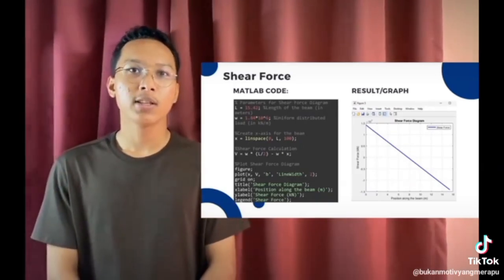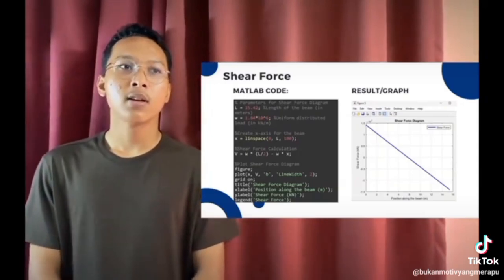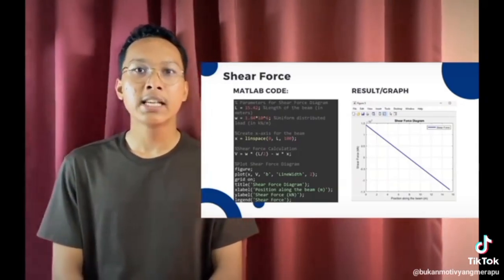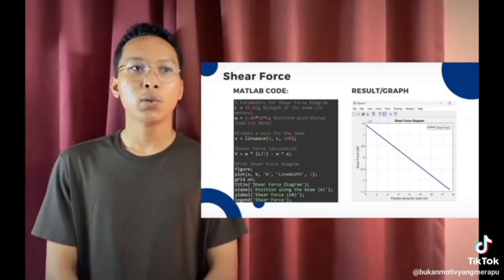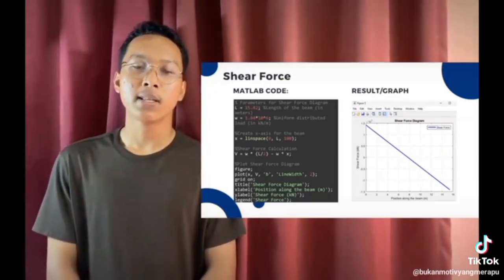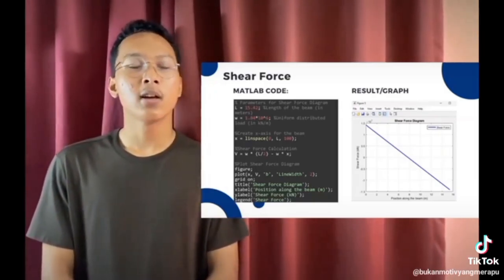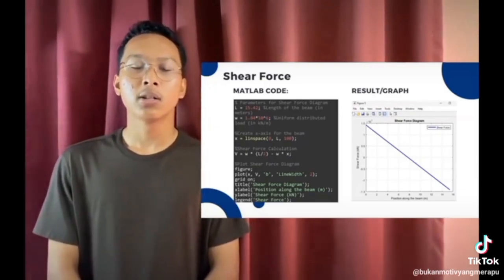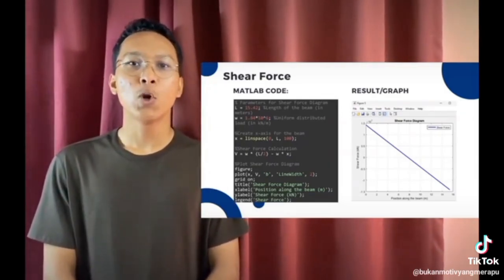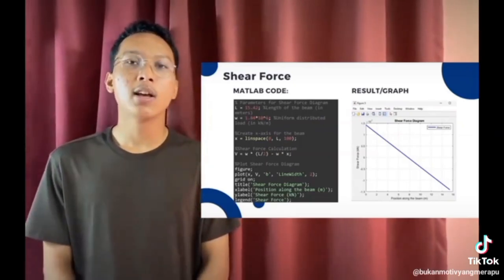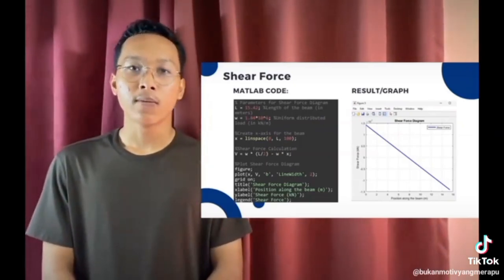Then we create the x-axis for the beam, which is a linearly spaced vector containing 100 points between 0 and L, the length of the beam. This represents the position along the beam where the shear force is calculated. Then we write the equation of shear force and we plot the shear force diagram.